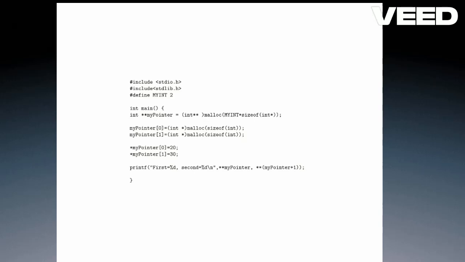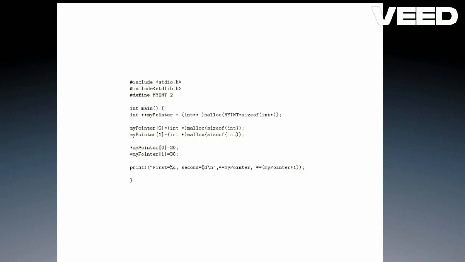So I can say my pointer 0, which is right now a pointer to an integer, but for the actual integer that it is pointing to, I have to allocate space. Exactly, that is what I am doing here. I am allocating space for an integer. Similarly, for my pointer 1, I am allocating space for an integer.